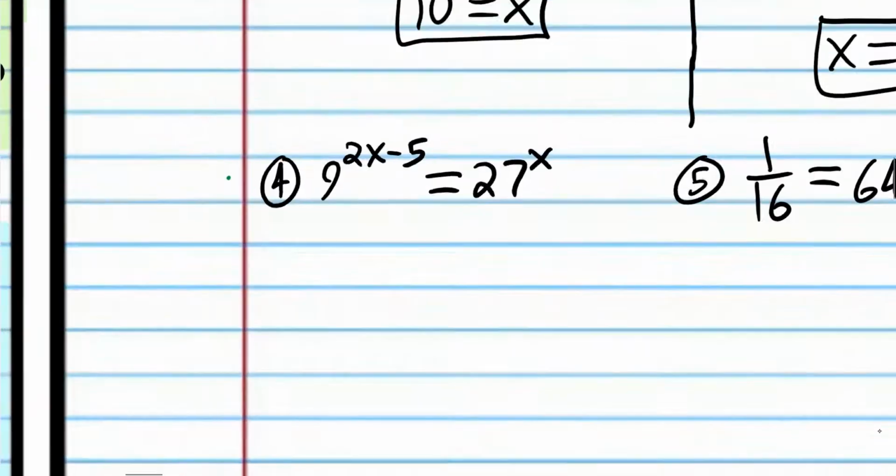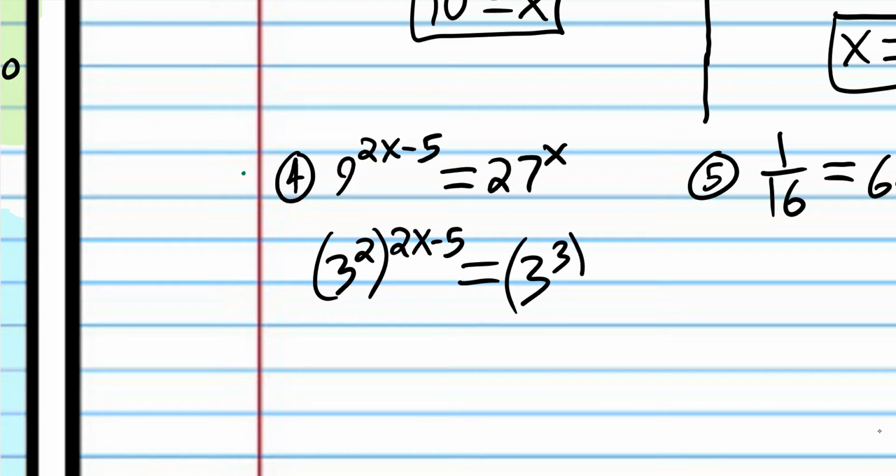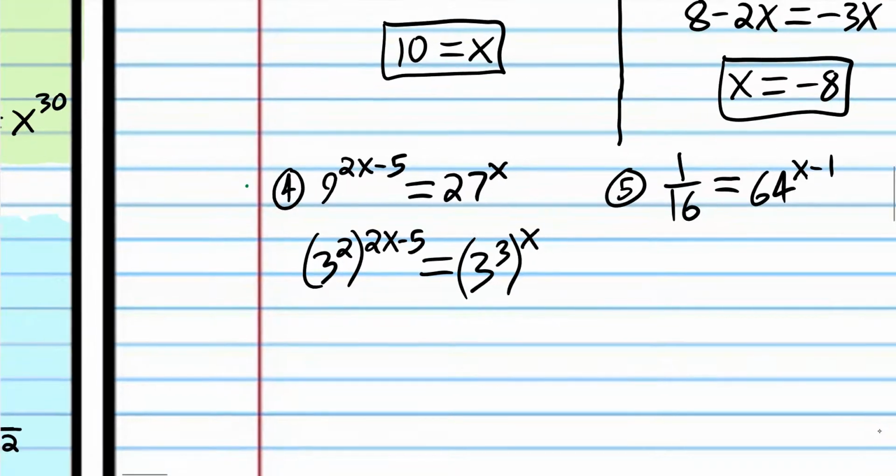All right, we're back. So I can't change base 9 to base 27, and I can't change base 27 to base 9, so I'm going to have to change both bases to base 3. So I changed the 9 to 3 squared, and I changed the 27 to 3 cubed.